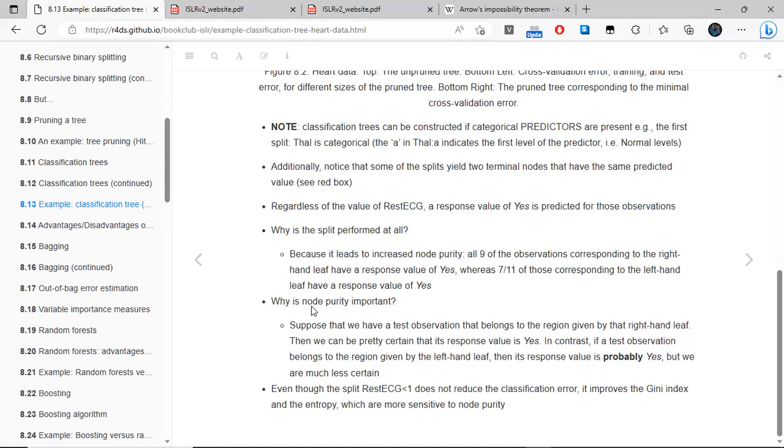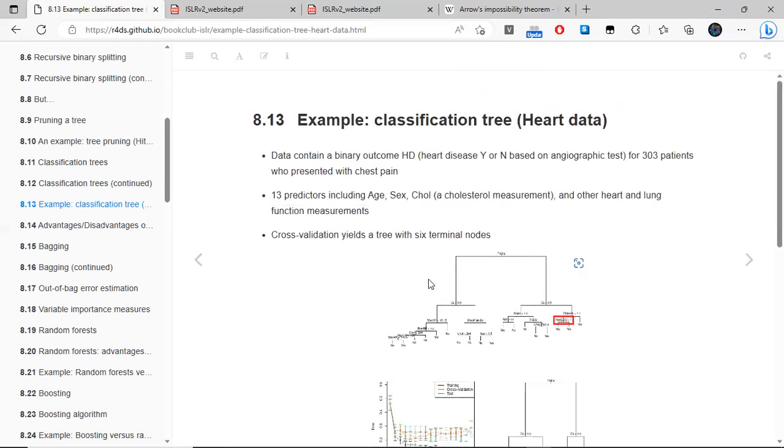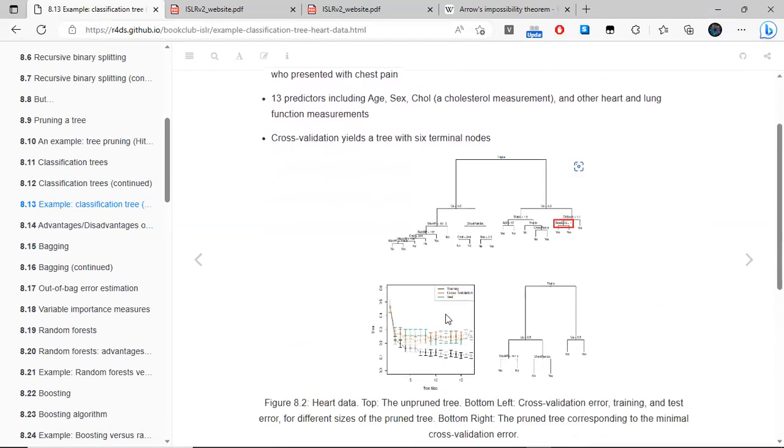And that's why they mentioned over here, why is node purity important? Because it has to do with how confident we can be in the predictions that these decision trees are generating.